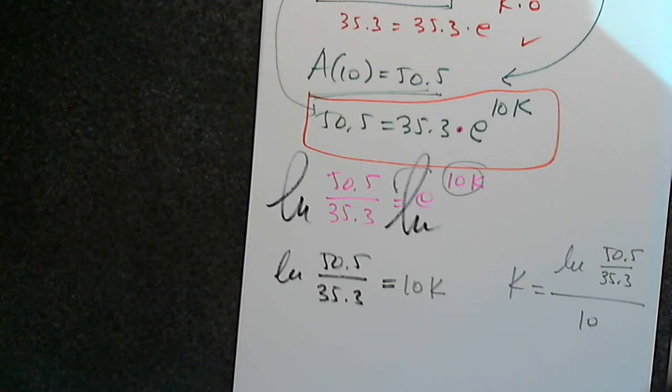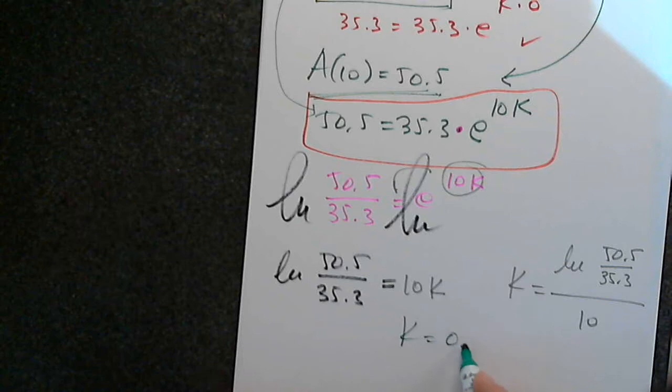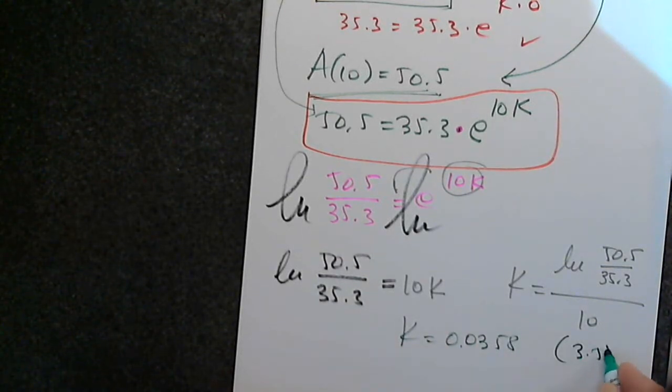Since there is only one factor in the denominator, I'm okay. It says 4 decimal places, so I'm going to write 0.0358. This is the growth rate. You can write 3.58%.